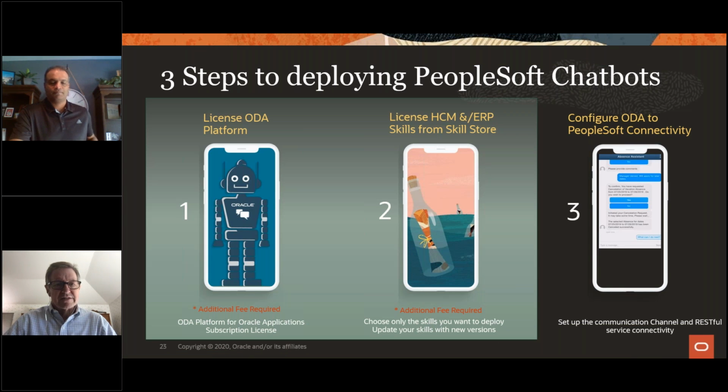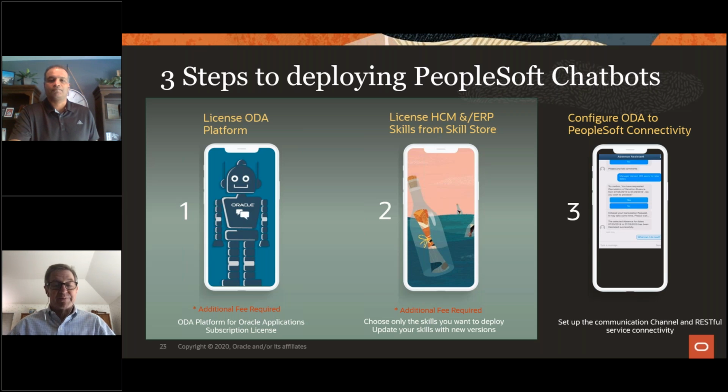So basically there are three steps here. The first is to license the ODA platform, right? And the ODA platform is the chatbots. The second is to license either the HCM and or the ERP skills from Oracle, and that gives you access to all of the skills within HCM if you license the HCM. If you license the ERP, you have access to all the skills within the PeopleSoft ERP. And then the third step, of course, is to configure the two environments.